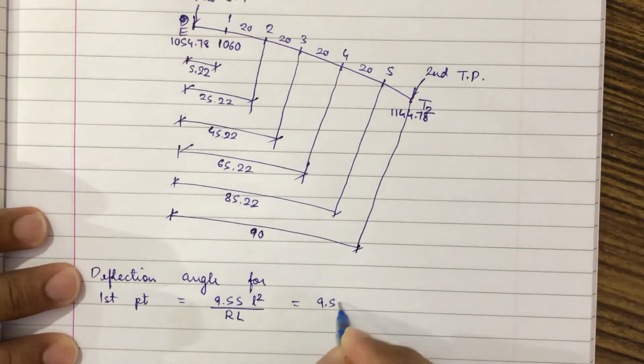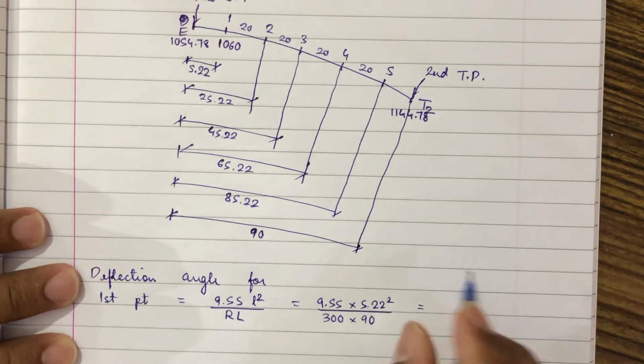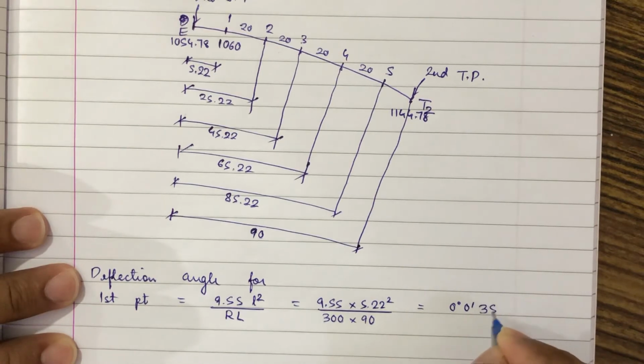So this will be 9.55 into 5.22 squared upon R is 300 and L is 90. This value comes out to 0 degree, 0 minutes, 35 seconds.